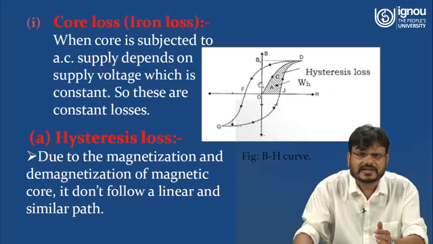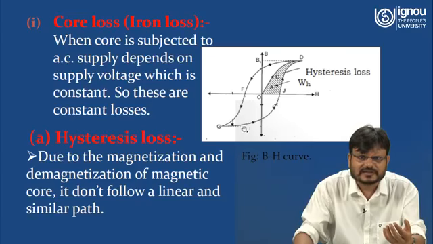The variation is between B and H. As H changes, B goes from O to D. Now suppose H is decreased, the path follows D and F. Again, when H decreases in the negative direction, the flux density changes, but the path does not retrace the same way. The shaded area shows the hysteresis loss.